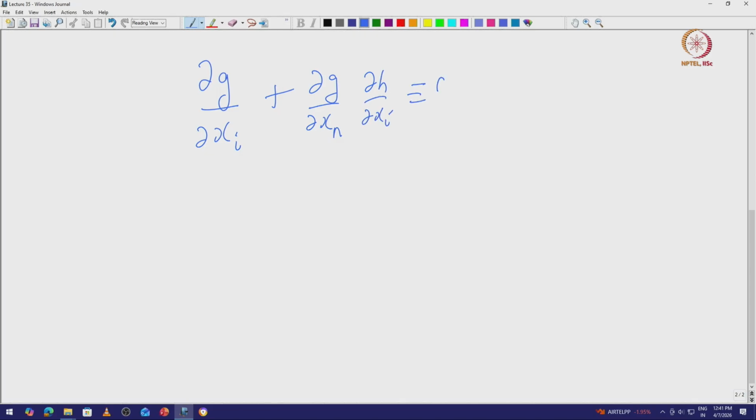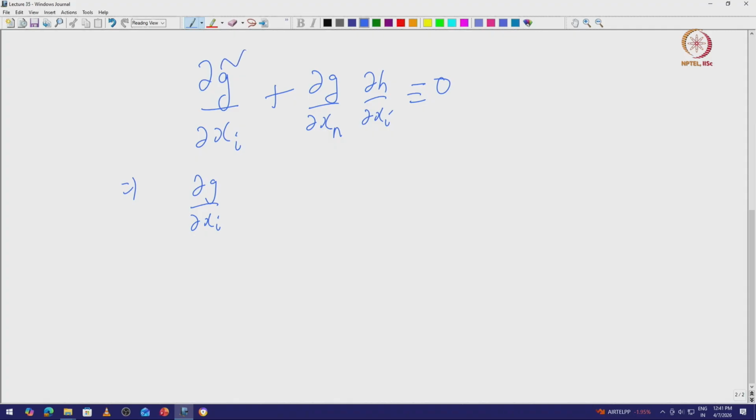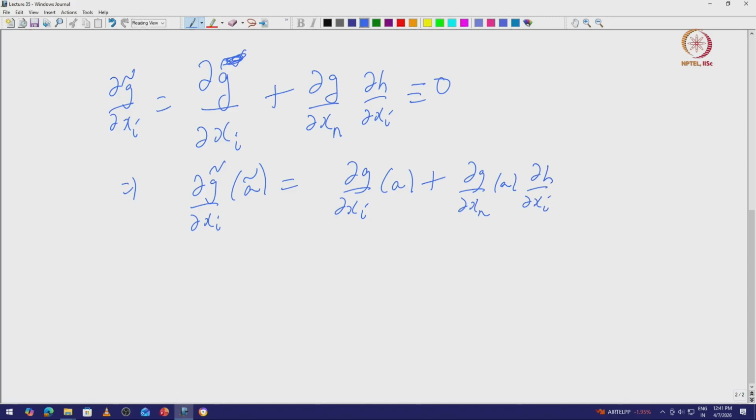This is identically 0. Let's call it g tilde. So dg tilde/dxi at a tilde is dg/dxi at A plus dg/dxn times dh/dxi.